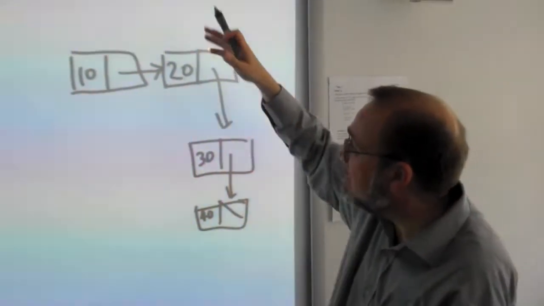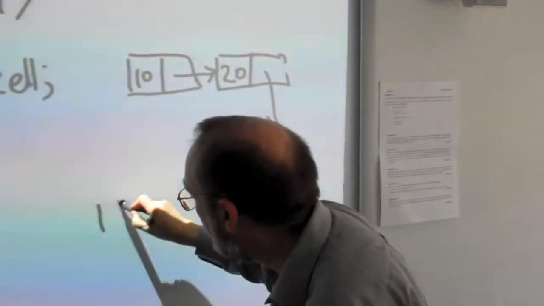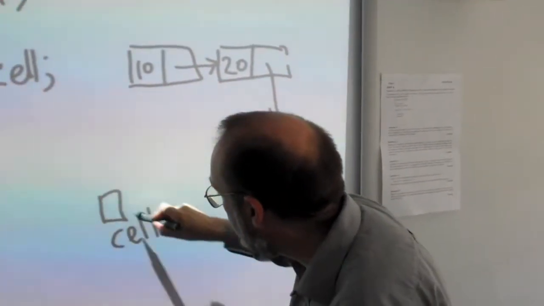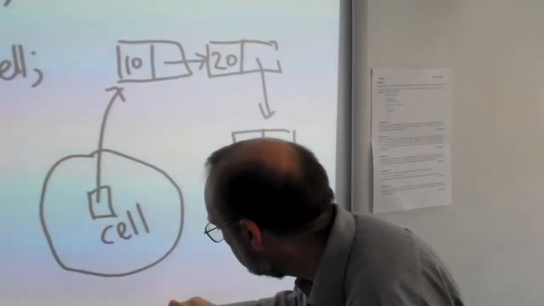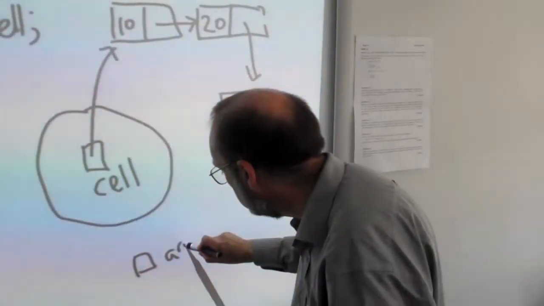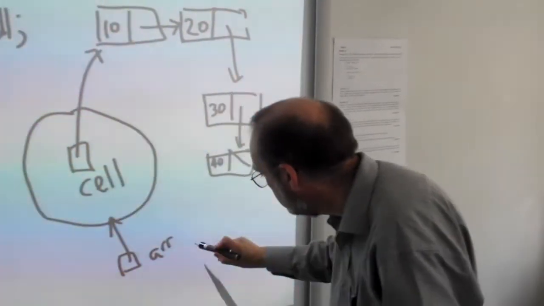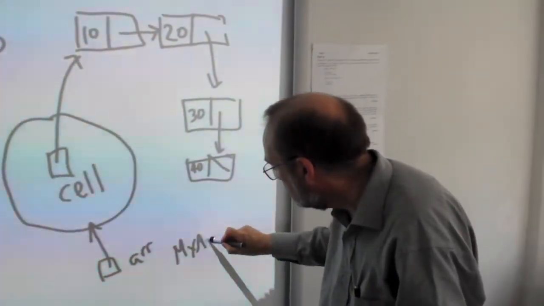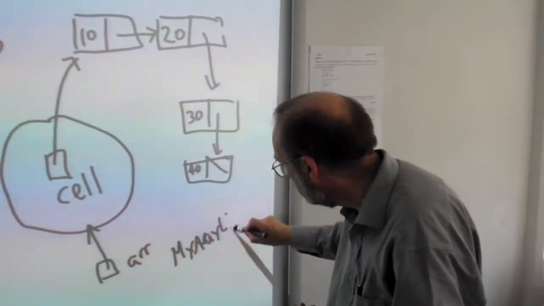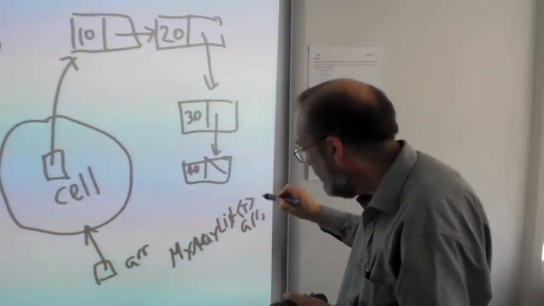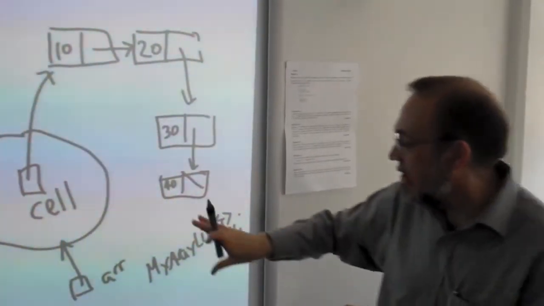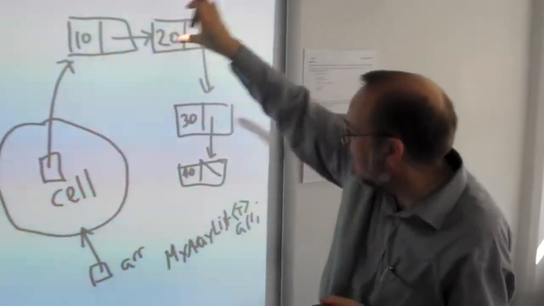So if this is a representation of the array list, that's the sort of thing we've got. We've got an array list object with a cell object inside it.